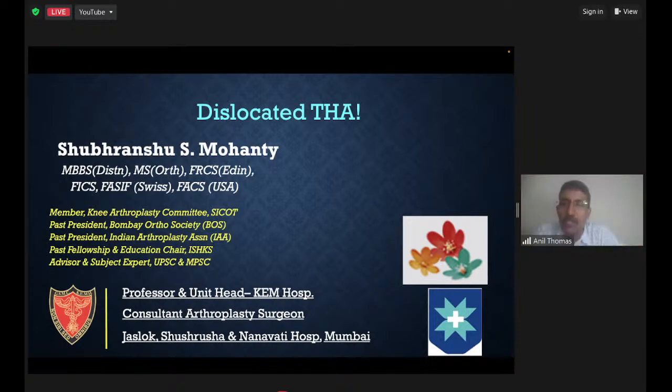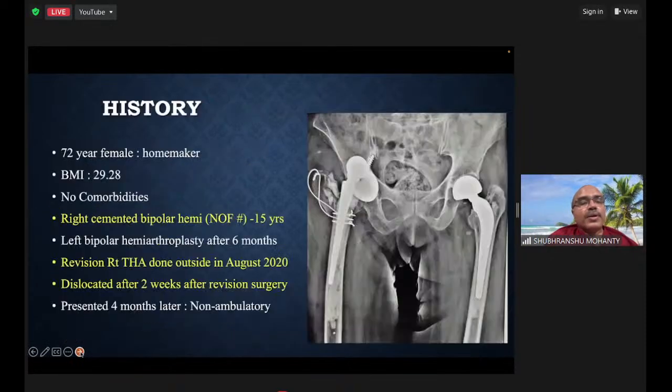Subhranshu, your time is 5 minutes, and then we have 5 minutes for discussion. So this is a 72-year-old female homemaker with a slightly high BMI of 29, no comorbidities, a right cemented bipolar hemiarthroplasty done 15 years back, and a left bipolar 6 months after the right one.